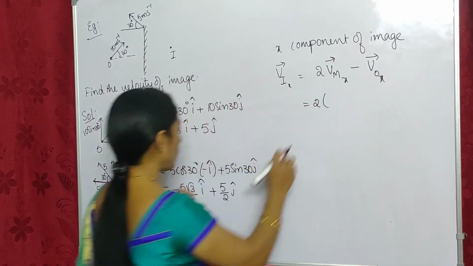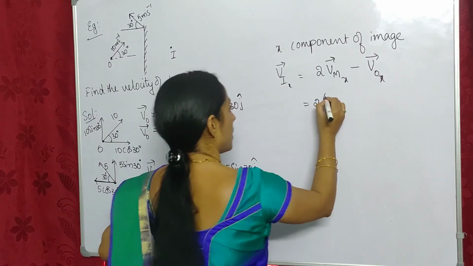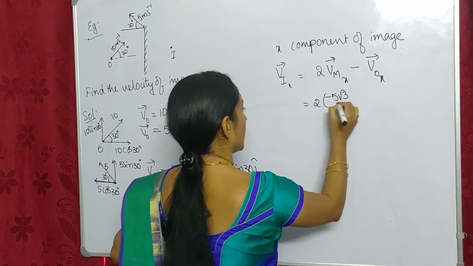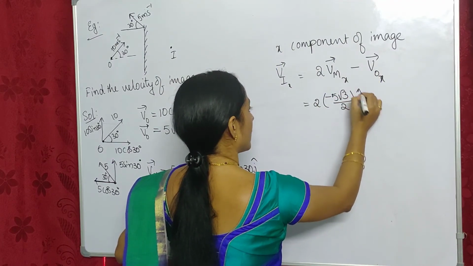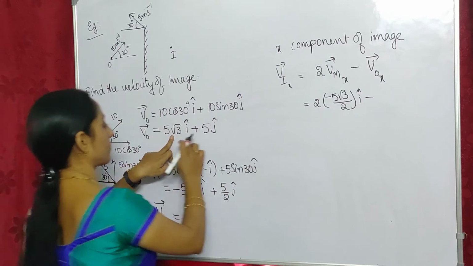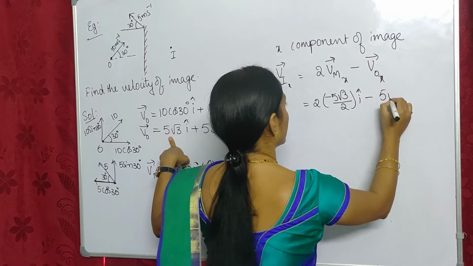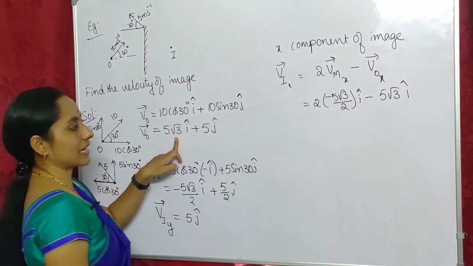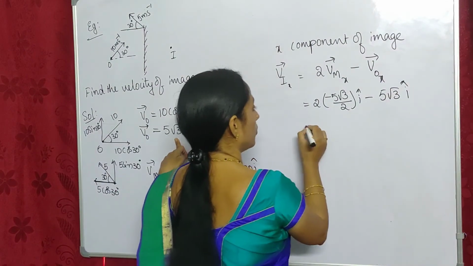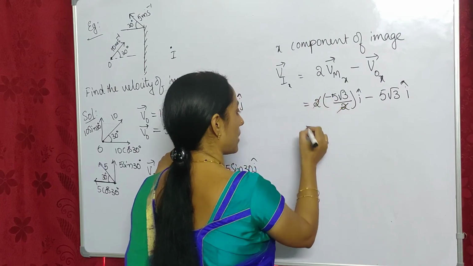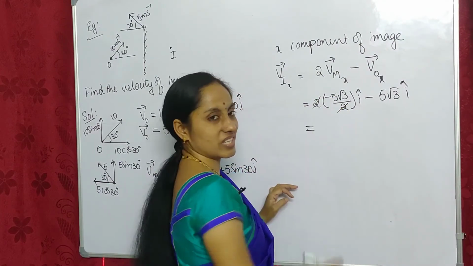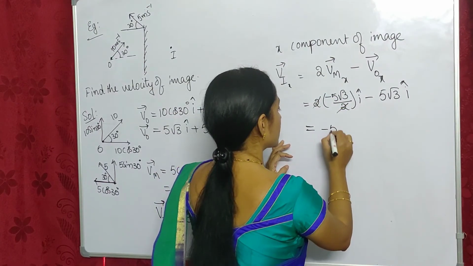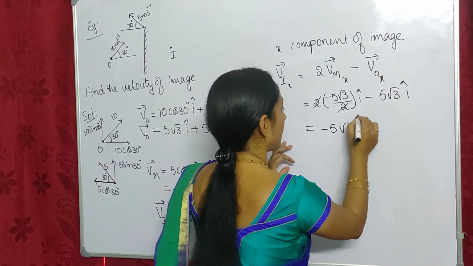So 2 into what is mirror's x component, minus 5 root 3 by 2 I cap, minus what is x component here? 5 root 3 I cap, object velocity x component. So now 2 has killed another 2, so minus 5 root 3 I cap.